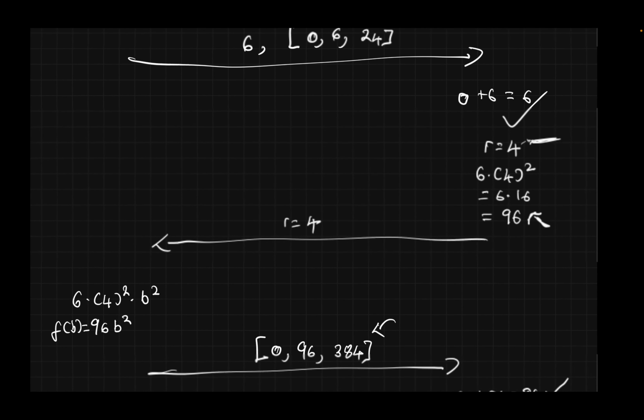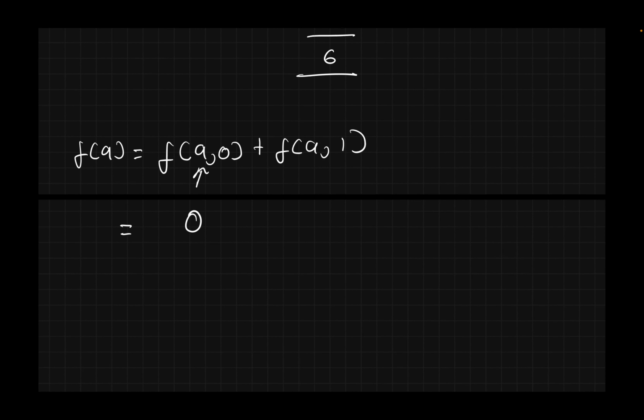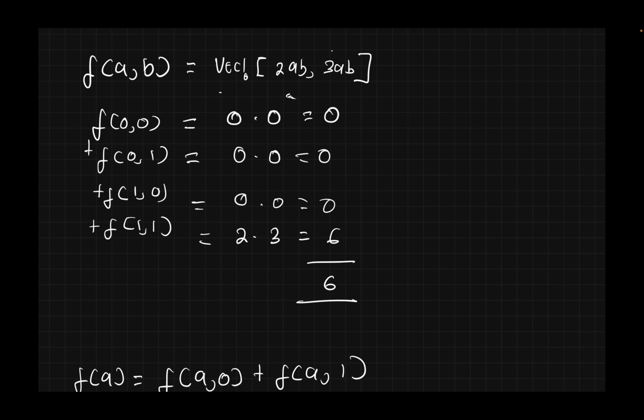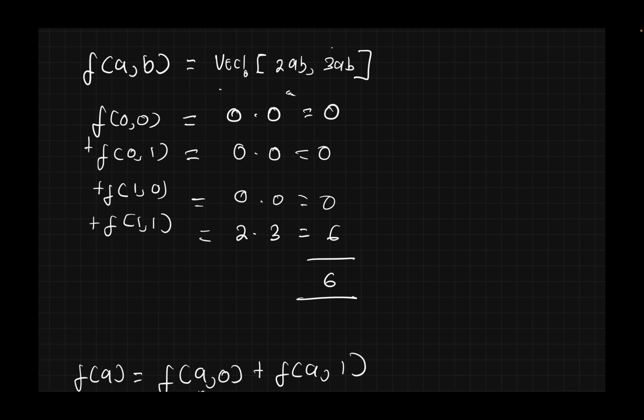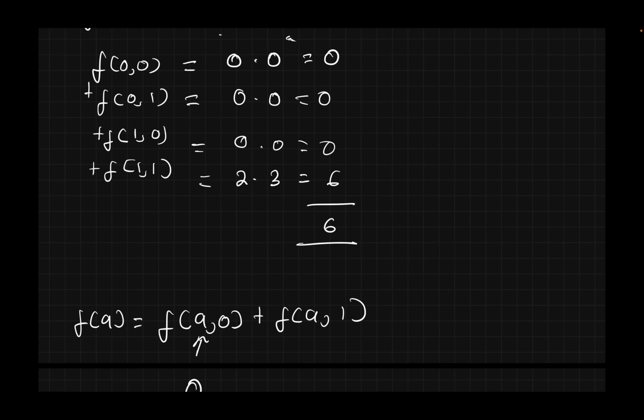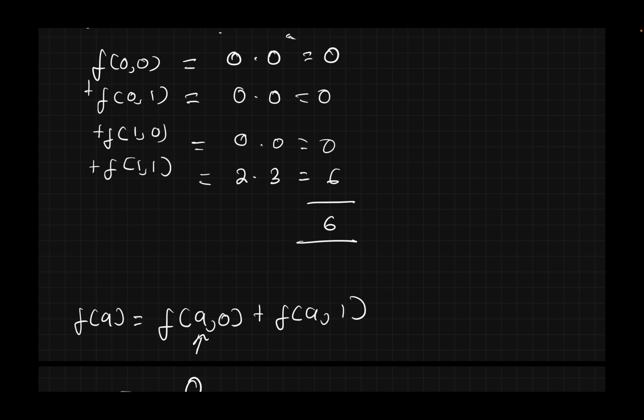Okay, so now the next one, A1, right? We evaluate the first vec at the product poly. Alright, so A1 now.